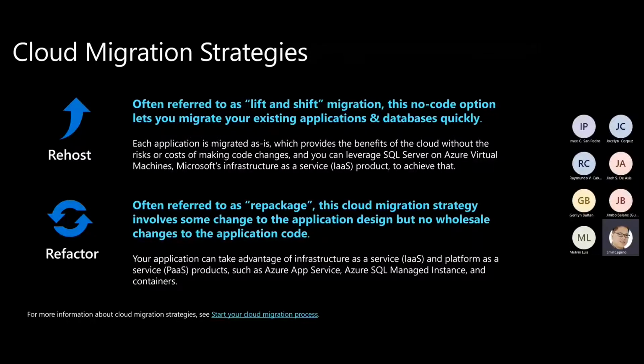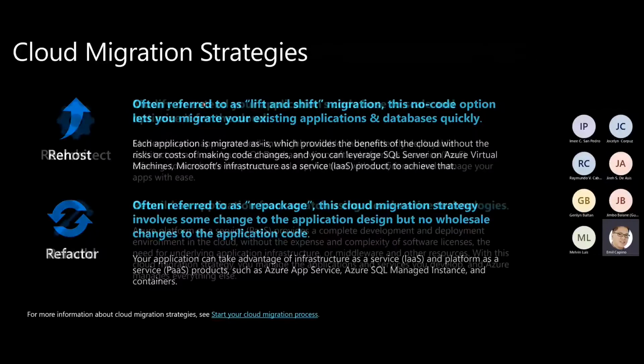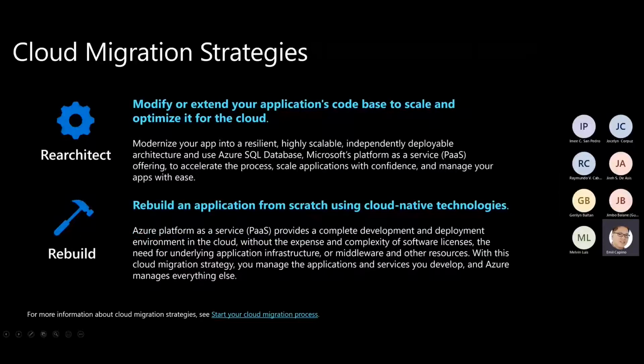The next strategy that you can consider is called refactor, or also referred to as repackage. So you can repackage your application to take advantage of the available infrastructure in the cloud. So you can either migrate to an infrastructure as a service, or IaaS, or to a platform as a service, or PaaS environment. So I'll share with you what are your options later to be able to do this. Next strategy that you may want to consider is the re-architect migration strategy.